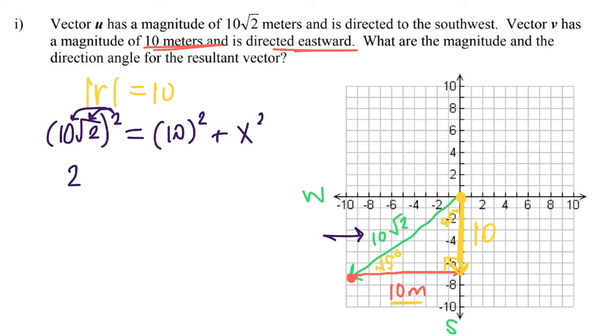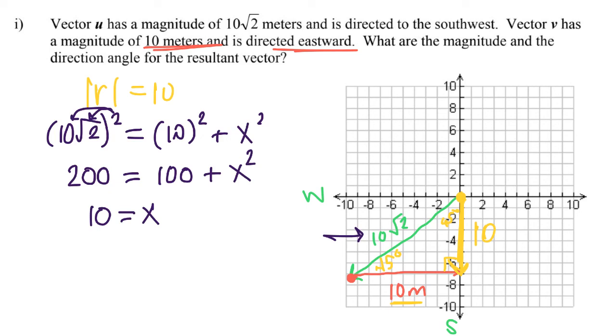So that's going to give us 200 equals 100 plus x squared. And so when we finish all this, subtract our 100 and take the square root, we do get plus or minus 10, but we're talking about a distance. So we need x to be positive 10, which is what we got if we use our special right triangle facts.